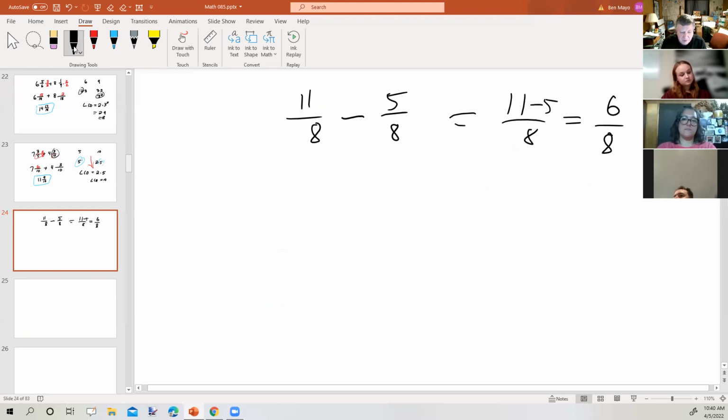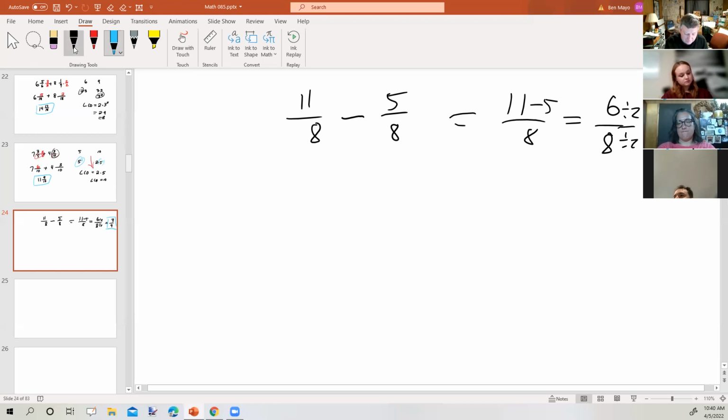However, 6/8 will reduce. Both of them are even, so we could divide the top and the bottom by 2 and get 3/4. 3/4 won't simplify any further, so that would be our final answer.